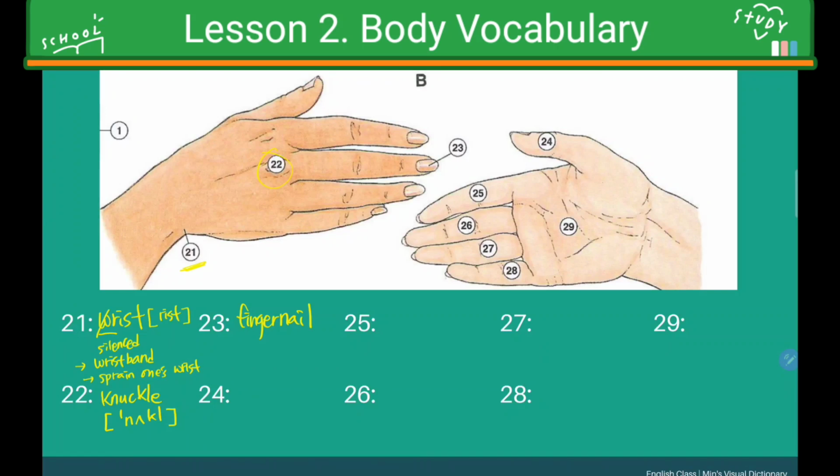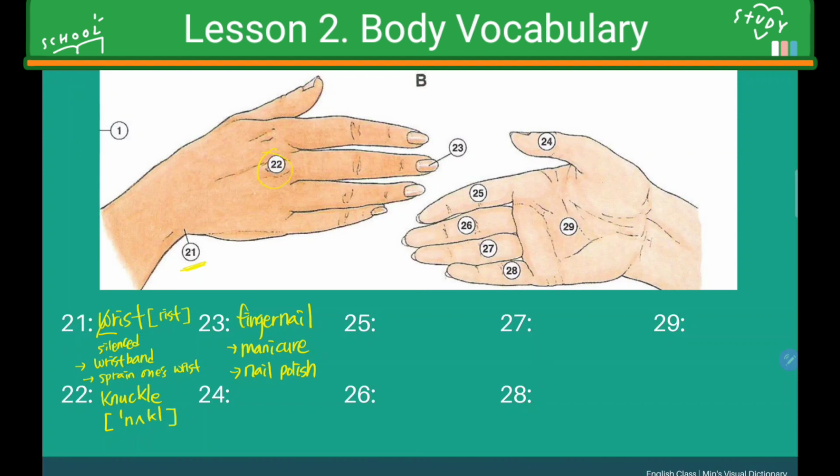And there's the term manicure. Manicure, when you are getting treatment for your nails, that's what we call manicure. Or we also use the term nail polish. Nail polish, to make your nails shine.